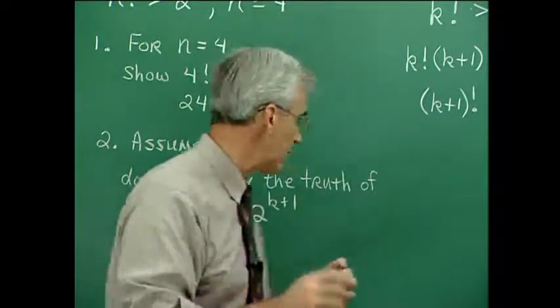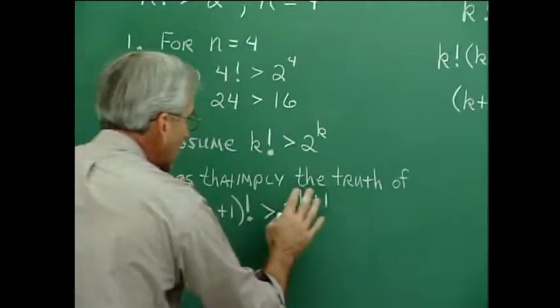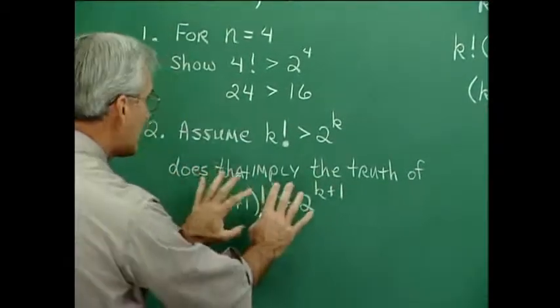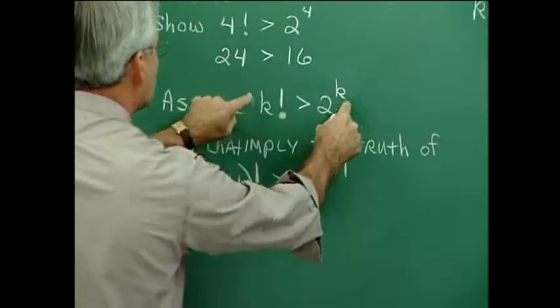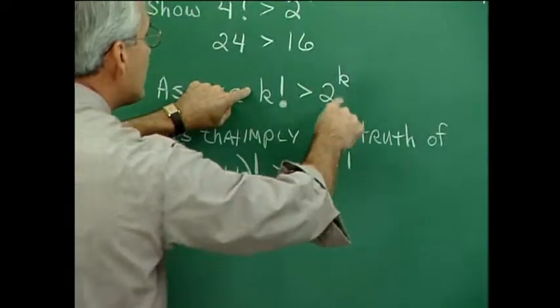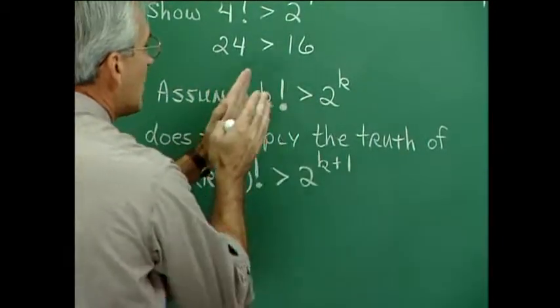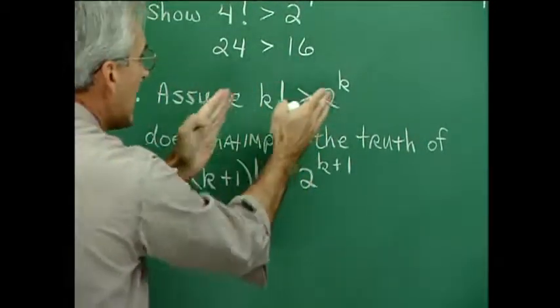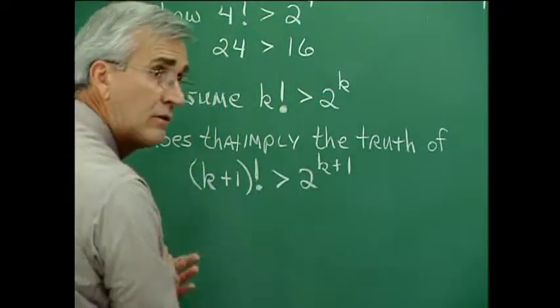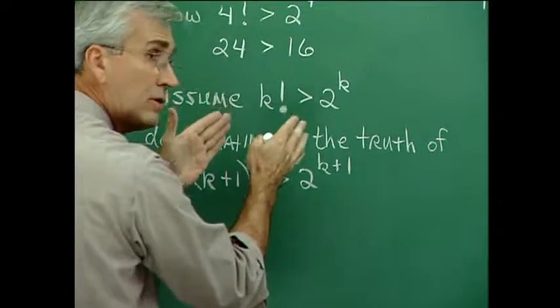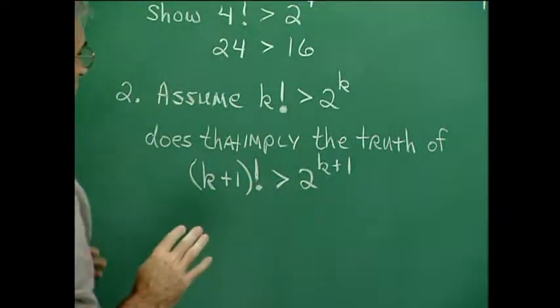Now here we're dealing with an inequality, which means that we have two sides. So we start with this assumption, and then we begin to manipulate by attacking one side of the inequality or the other and making it look like this. And then we attempt to deal with the other side. Here's what I'm talking about.